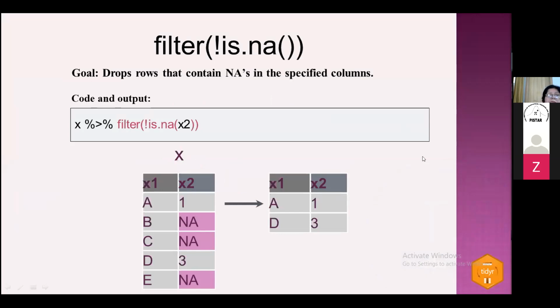The code in front of you shows that X is the name of the data set, and the pipe command then filter is.na and the variable from which you want to extract the NAs. And in the right box you can see there are no NAs in the cases.